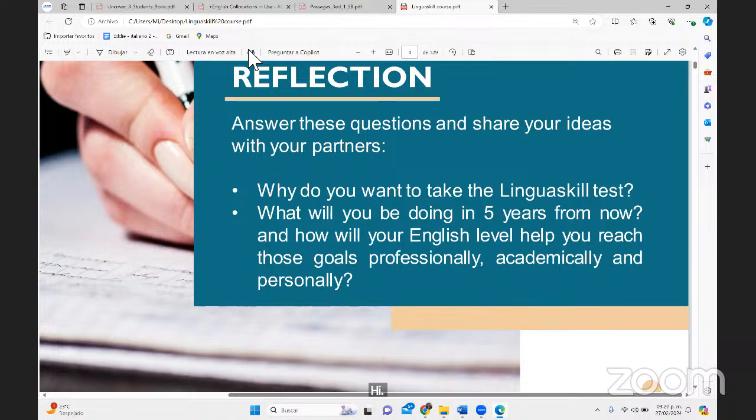I want to take the LinguaSkill because I hope to speak very well, and I hope in 5 years to have better opportunities for my family and me. And I want to learn English because it is a personal goal for me.